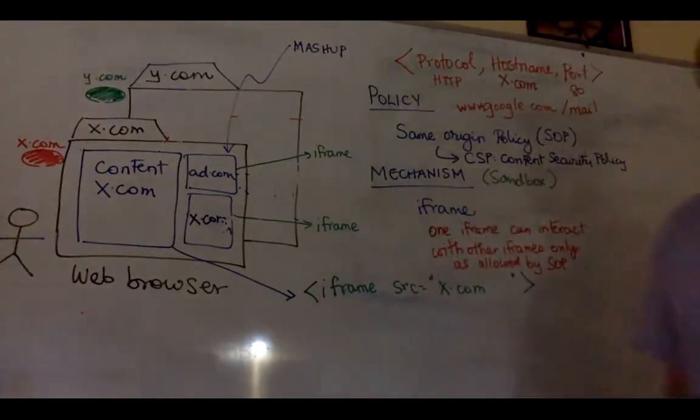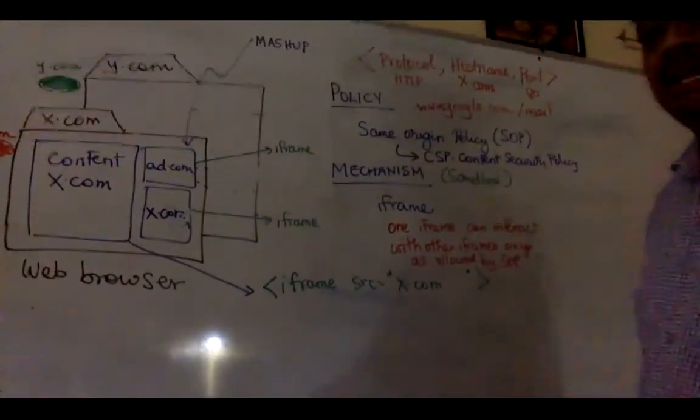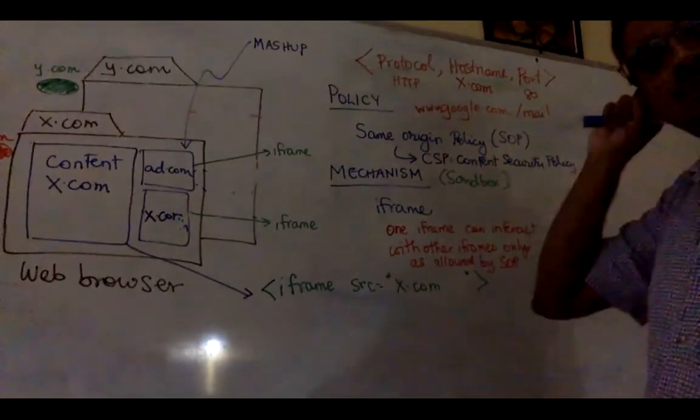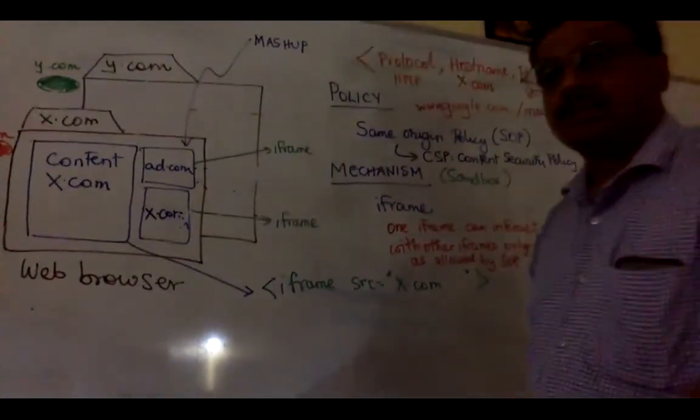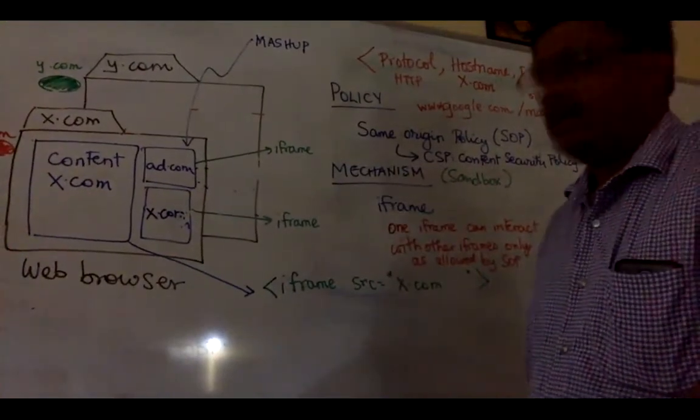We don't know, right? There are already proposals, there are already websites that use the CSP or the Content Security Policy. Now, whether it will catch on is anybody's guess. And so we are not going to be studying it in any amount of detail in this course. So for this course, our main goal is going to be the same origin policy.